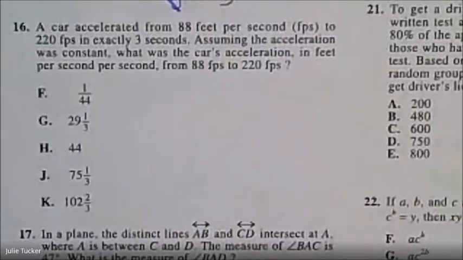So number 16 says, a car accelerated from 88 feet per second to 220 feet per second in exactly 3 seconds. Assuming the acceleration was constant, what was the car's acceleration in feet per second from 88 feet per second to 220 feet per second?